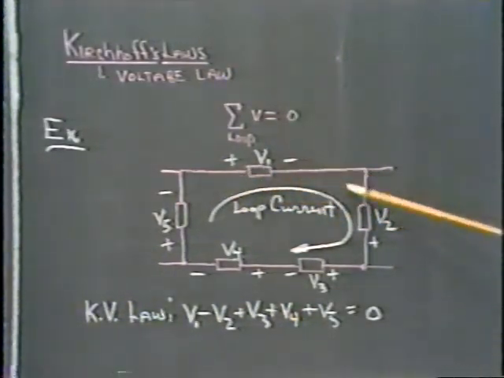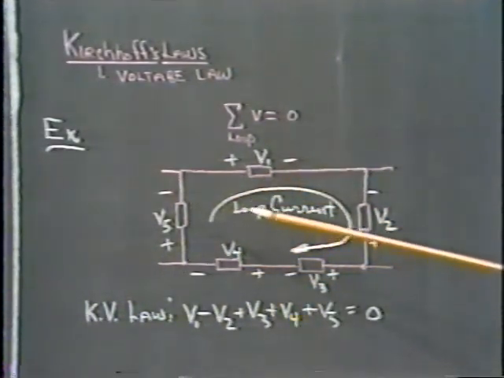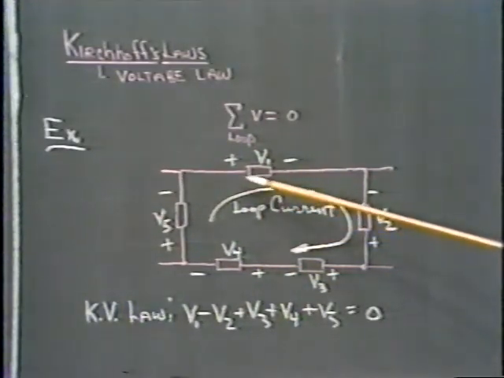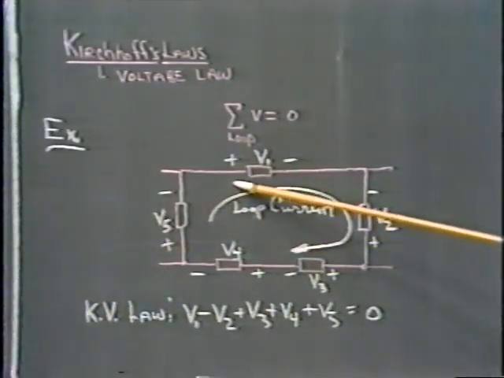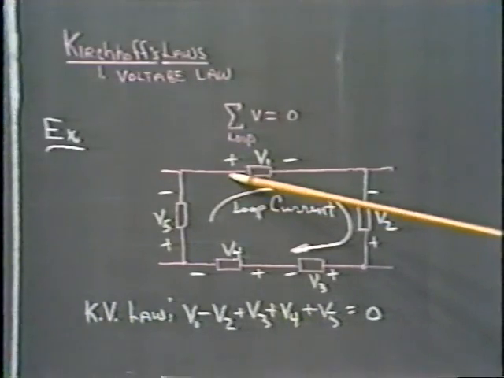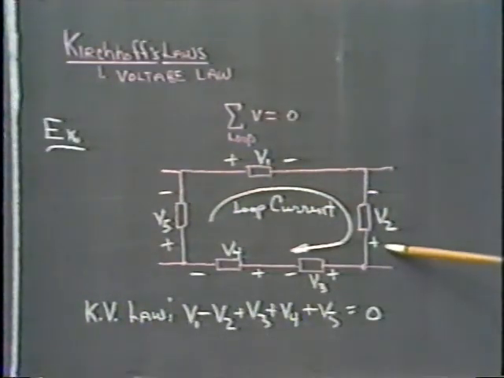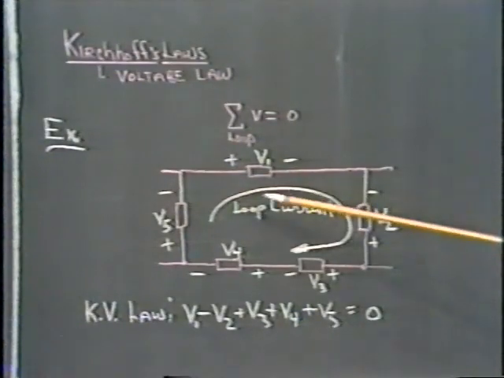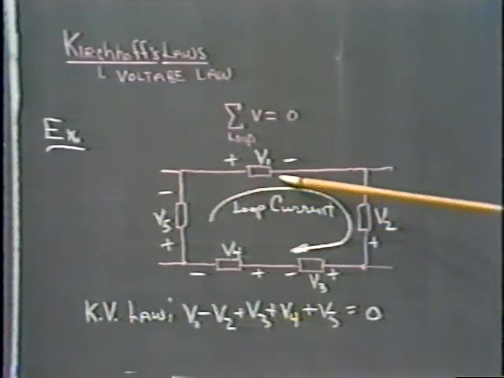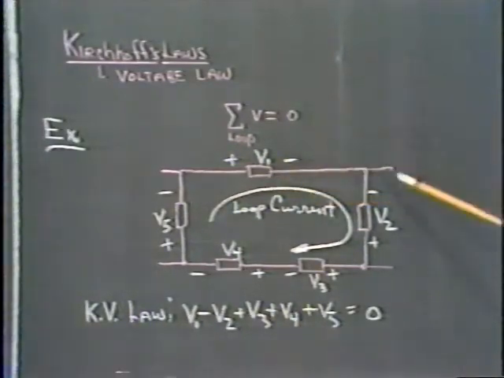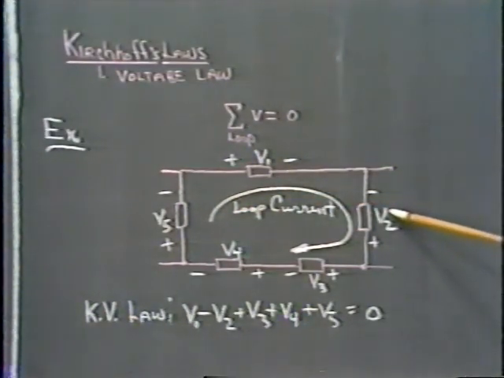We're going to go around the loop in this clockwise direction, and our algebraic sign associated with each device will be positive when we go from positive to negative, and in the case we're going from negative to positive, we'll call that a negative voltage. This is related to a voltage drop, which we're defining as positive, and this is associated with a voltage rise. We're defining that as negative.